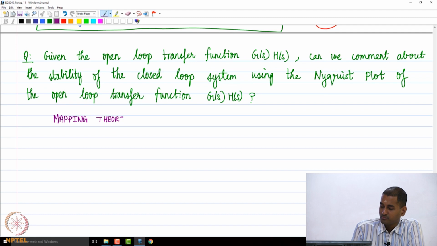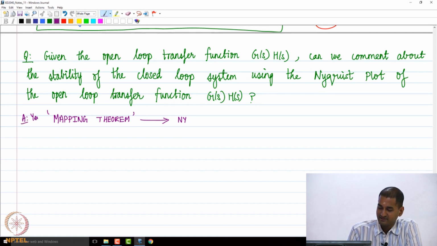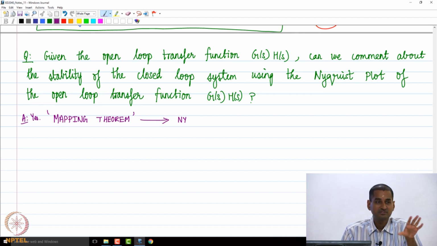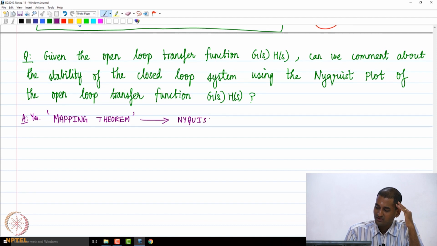Once again, I am not going to prove any of this, we are just going to use it. The mapping theorem leads to the Nyquist stability criterion.